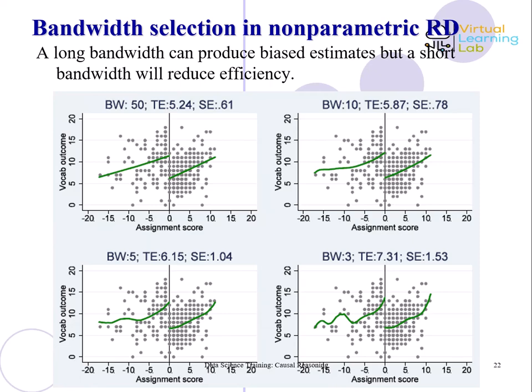As you reduce the bandwidth to 10, the treatment effect changes, the standard error increases because you're losing efficiency, but you can see how it gets more curvature. Then with a bandwidth of 5, the treatment effect changes, the standard error changes even more. And you can see there are more curves, and with a bandwidth of 3, even more curves, and the standard error is even larger. So the trick here is to select a bandwidth such that there's still enough data to provide reasonable efficiency.